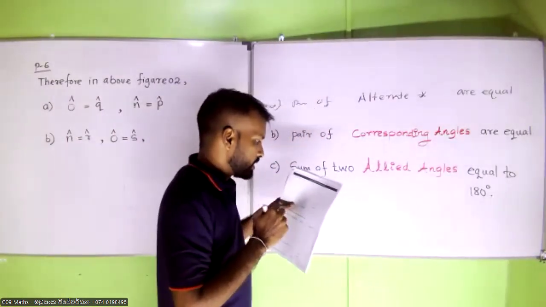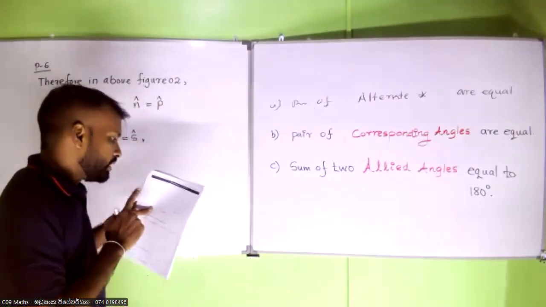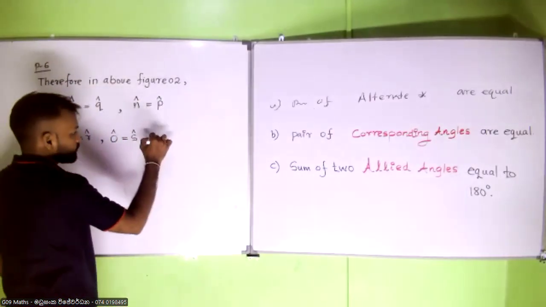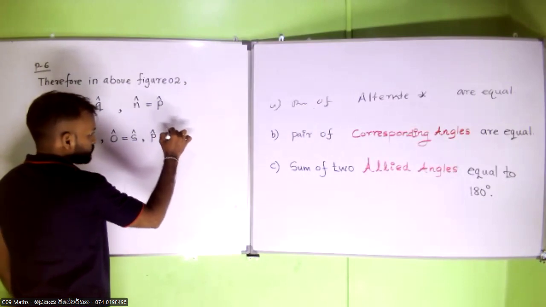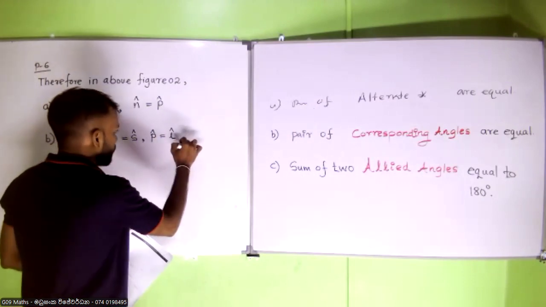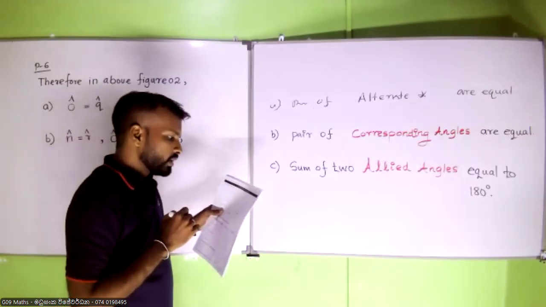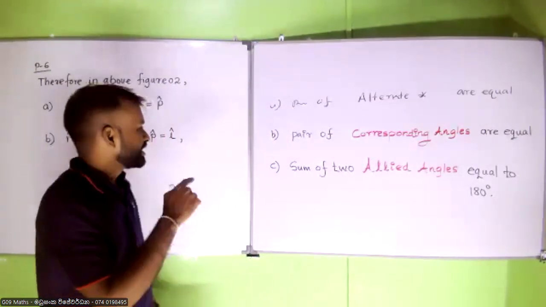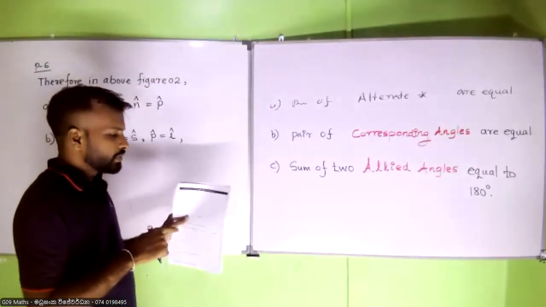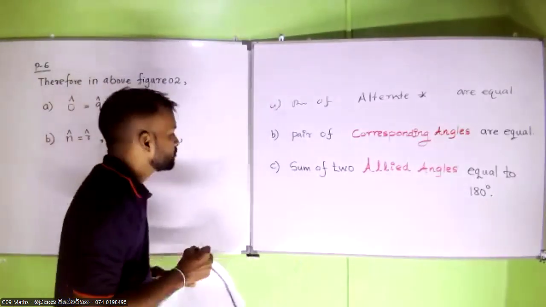Angle P equals angle L, comma. Then another one, angle Q equals angle M. On the other hand, you can also write that angle M equals angle Q.